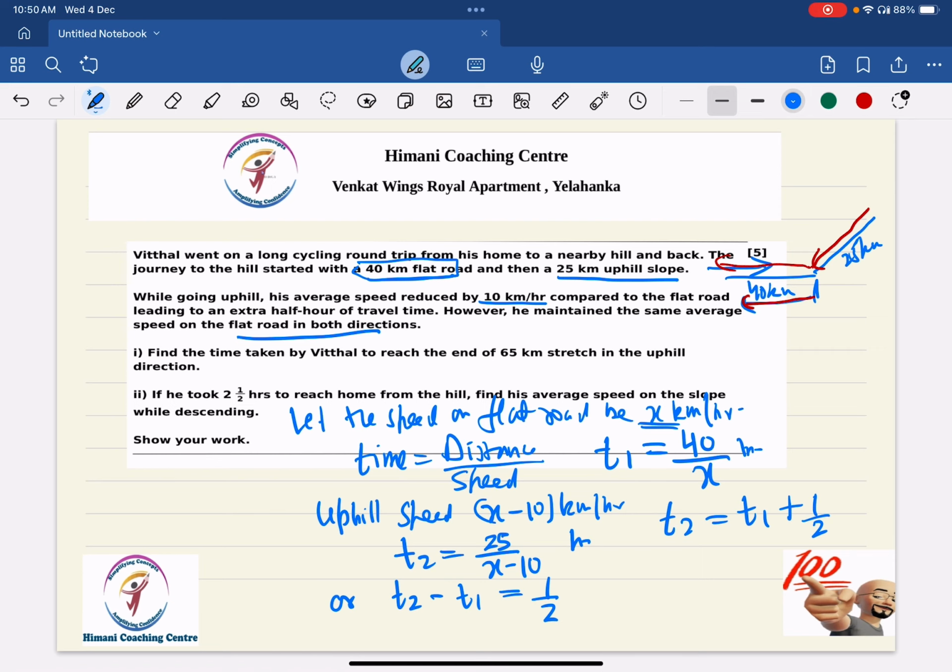Sometimes in the question, instead of half hour, they could have said he took extra 30 minutes. So then you would have to write time as 30 divided by 60, because 30 minutes divided by 60 will give you half hour. Now note these steps. I am taking a pause so that you can note this down, because then I will erase this and we will take the step further.